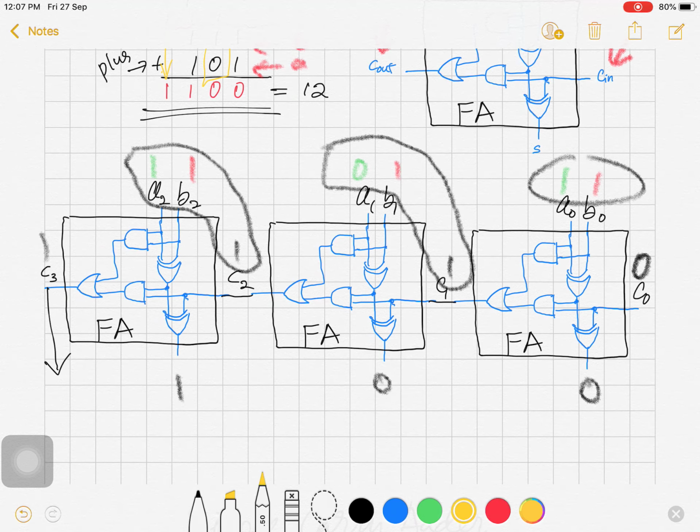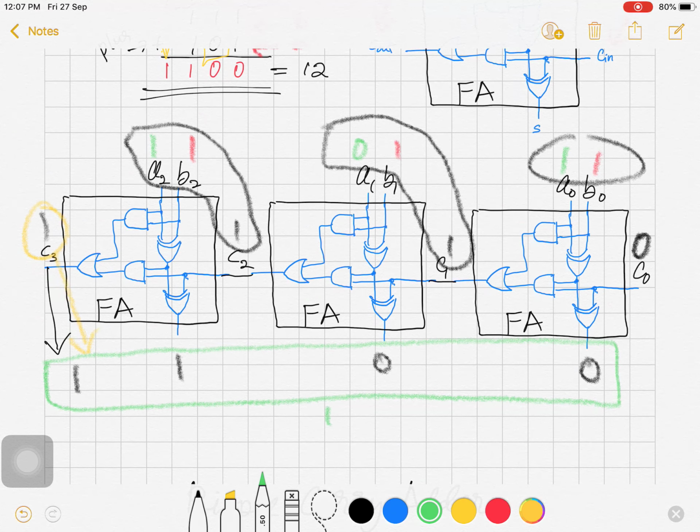The carry-out of the leftmost column is transferred and becomes part of the answer. Finally the answer is 1, 1, 0, 0, which equals 12.